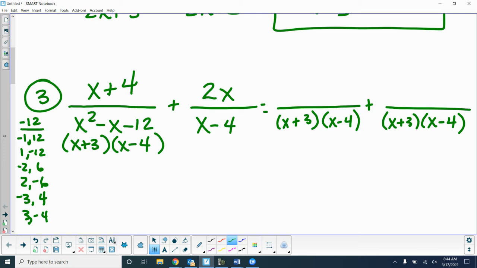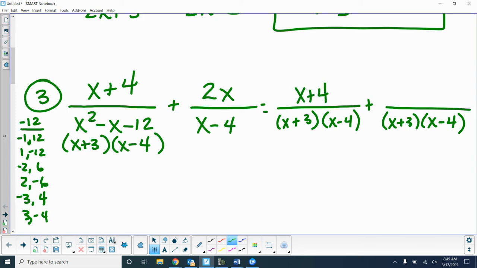So, looking at the original denominator of the first fraction, and looking at my common denominator, what do you notice? They're the same. I don't have to do anything to it, do I? So do I do anything to the x plus 4 up top? No, it stays the same.